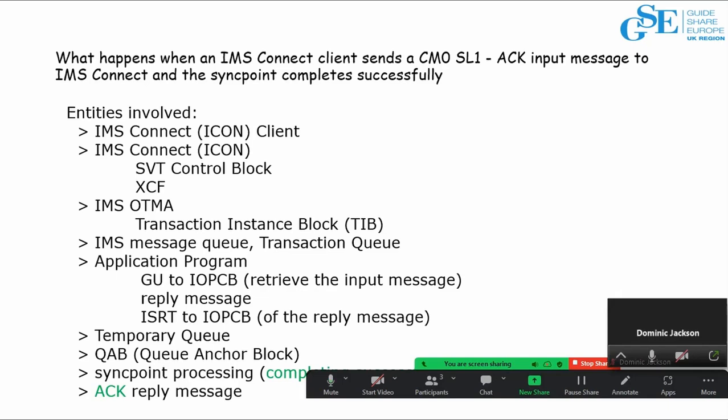If you remember, for the CM1 protocol, the T-pipe name is dynamically generated according to the port number which receives the input message. But for the CM0 protocol that we are talking about, the T-pipe name is actually the client ID. So that's one of the first distinctions between these two commit mode protocols.